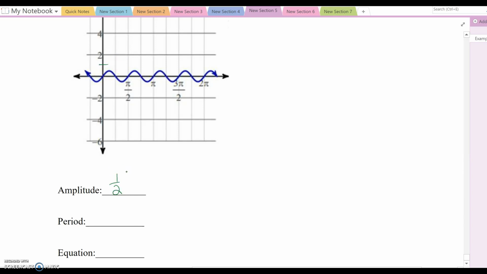And the period. So one cycle finishes where? So let me see. So now 1, so 1, 2, 3, and 4, right?